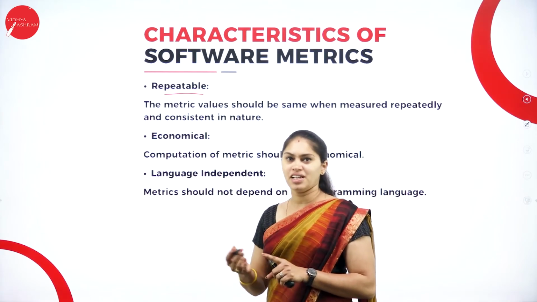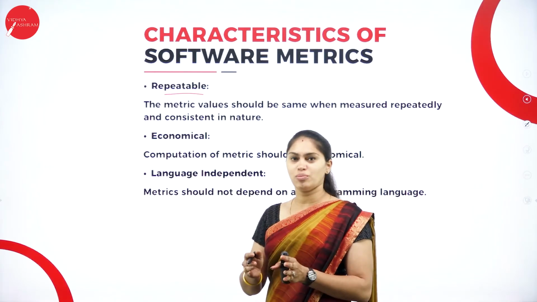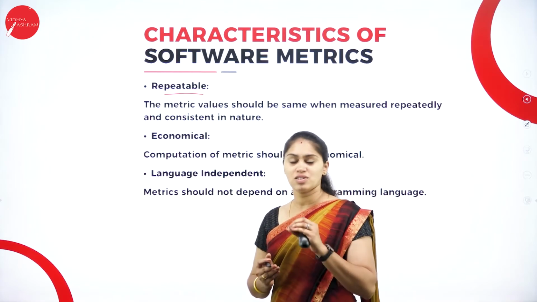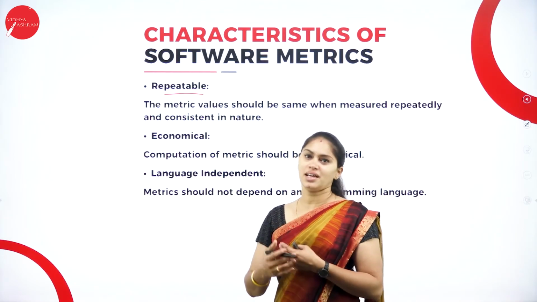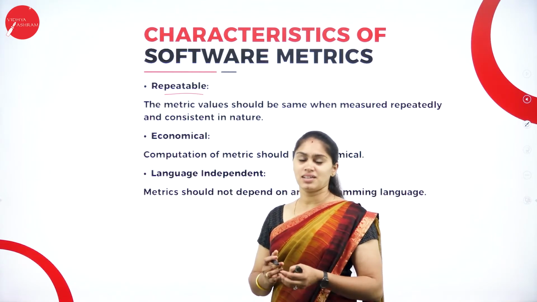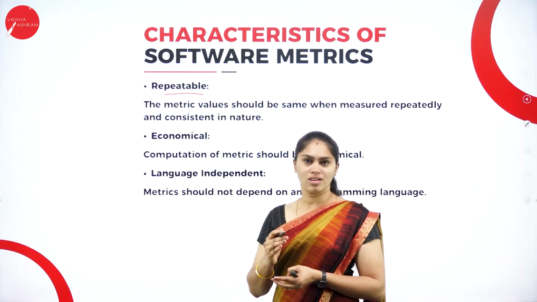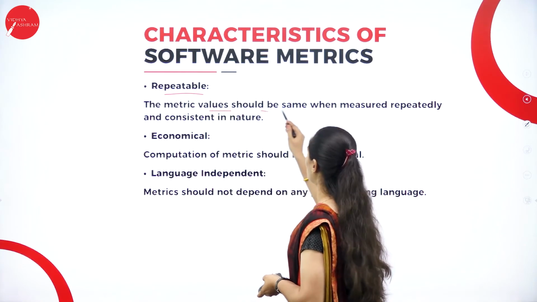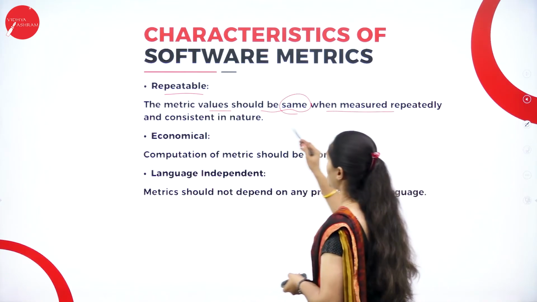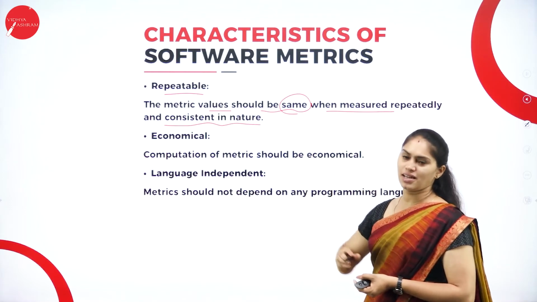Even after 30 minutes, if I check again, it has to show me 1 kg again. So when we are repeating certain activities or processes, the metrics we have should be constant, so that the metric value is the same when we measure repeatedly and is consistent in nature.